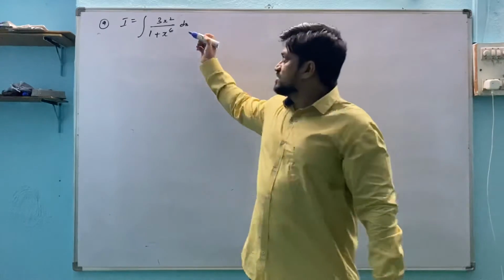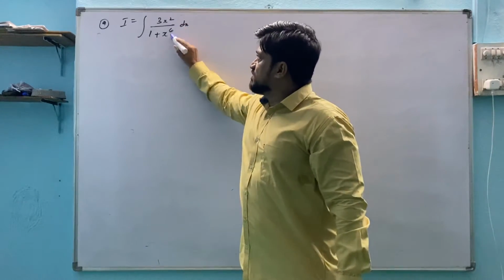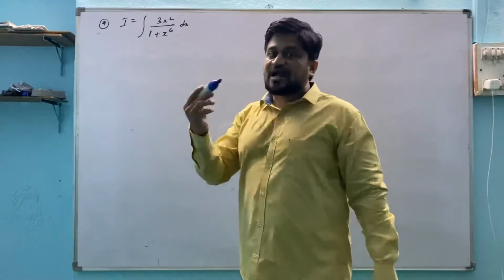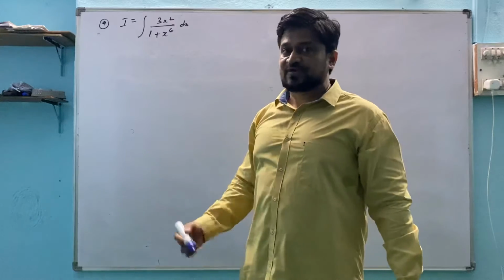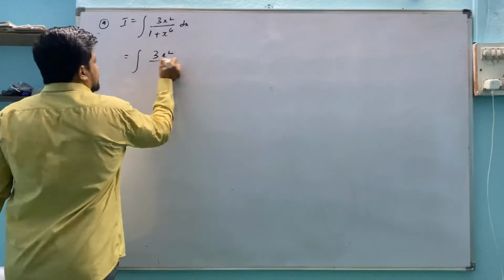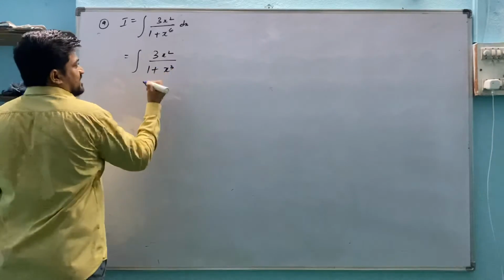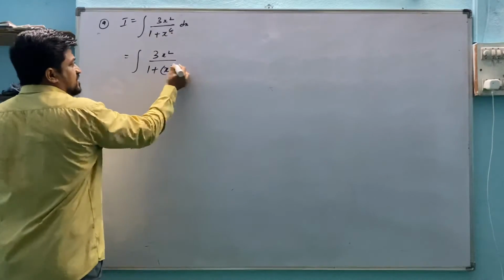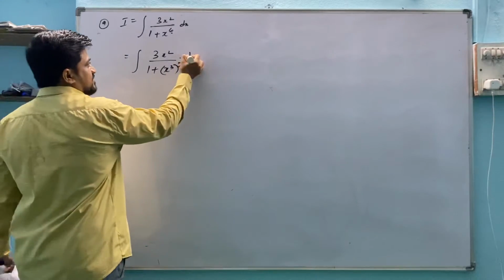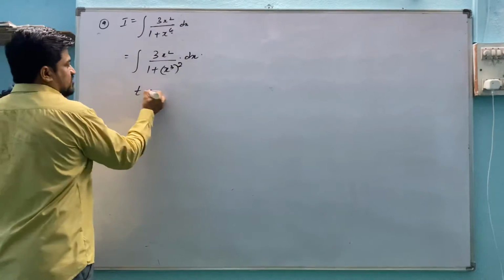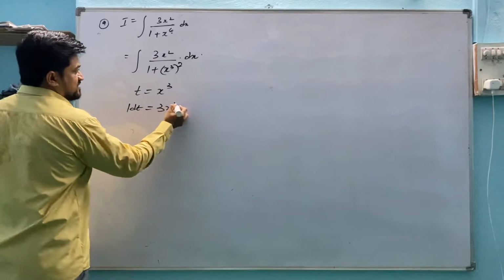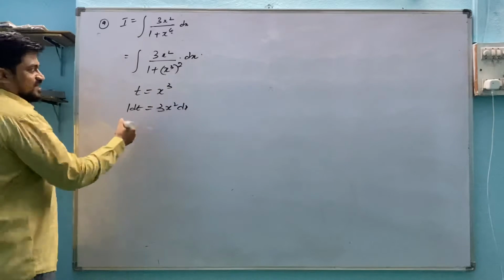What you have to do is, when you find x square and x power 6 here, the least degree is x square, just add 1 to that power. What you will get? x power 3. So in the denominator, you should write x power 3 in place of 6. Now to make that 6, what do we have to multiply? 2 to it. And dx. t equals x cube, dt equals 3x square dx. Now whatever the bracket part is, take it as t.